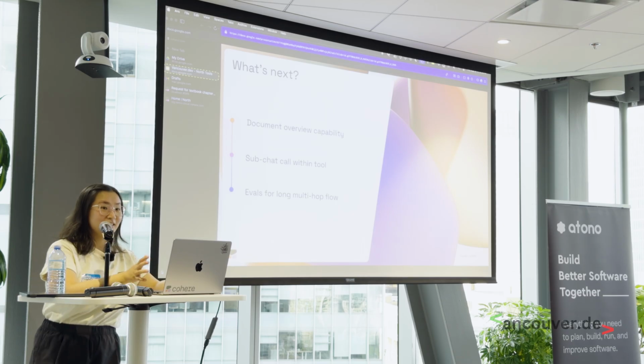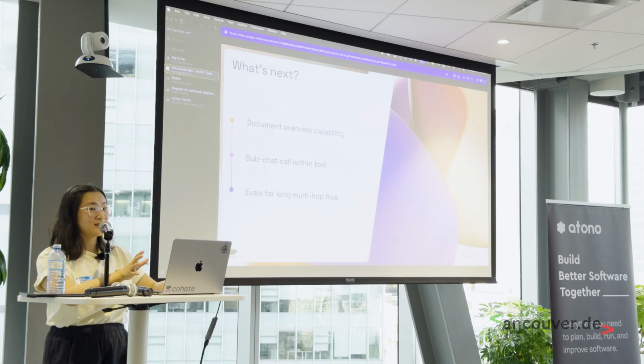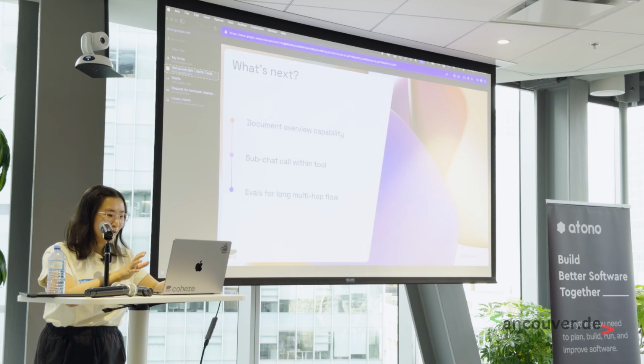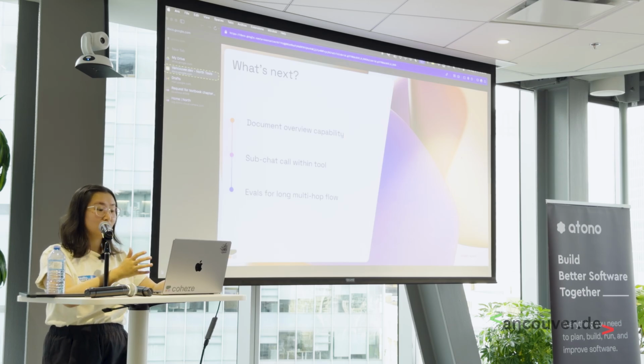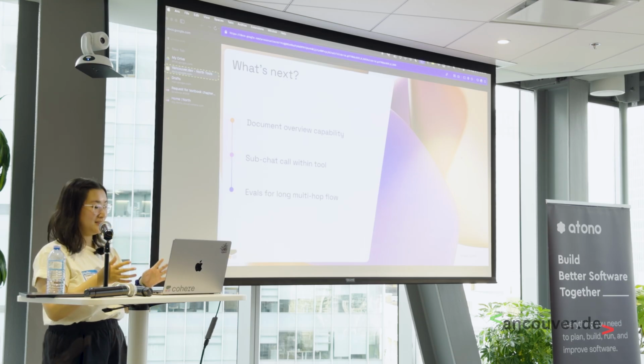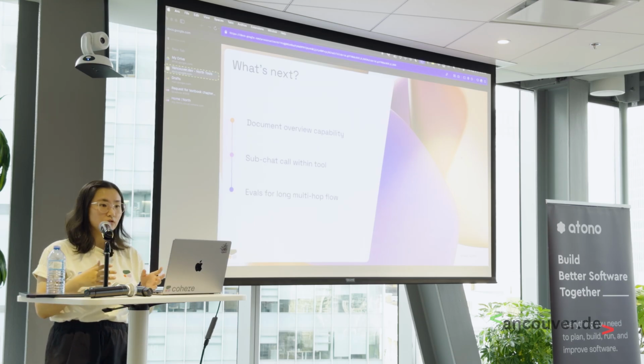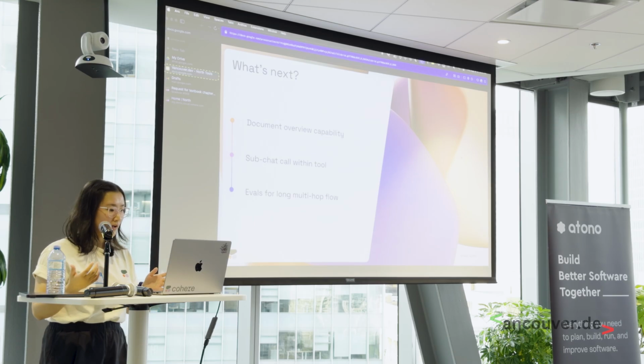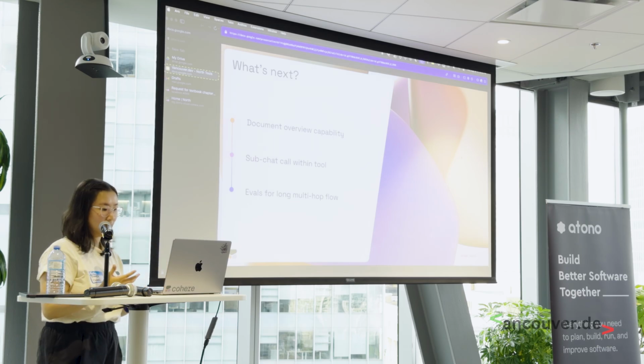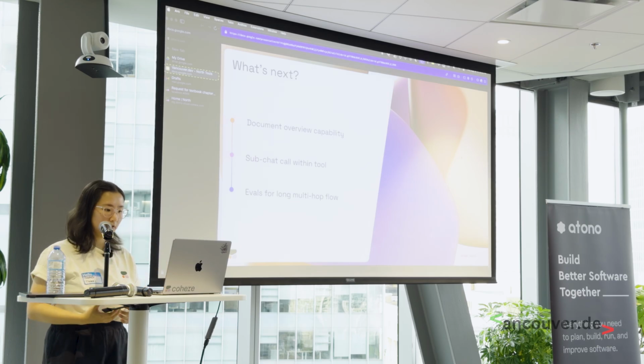Okay, so this project is definitely pretty new. I literally worked on it like 2 cycles ago, and we just rolled out the first version of long document support. We have some ideas for where I'd like to go next with this, and that looks like a document overview file tool. So that would be at chat time for documents that have table of contents.